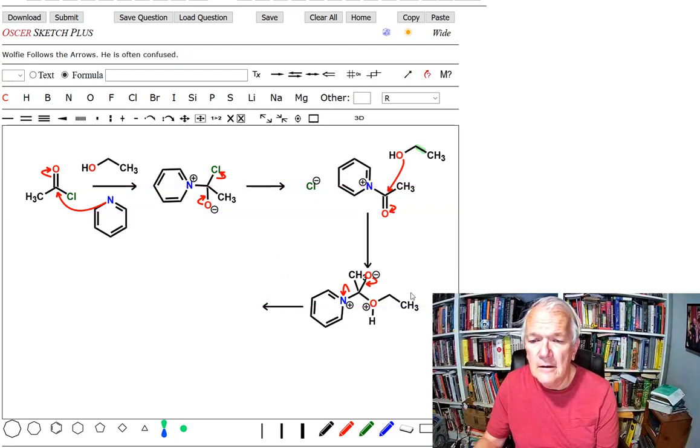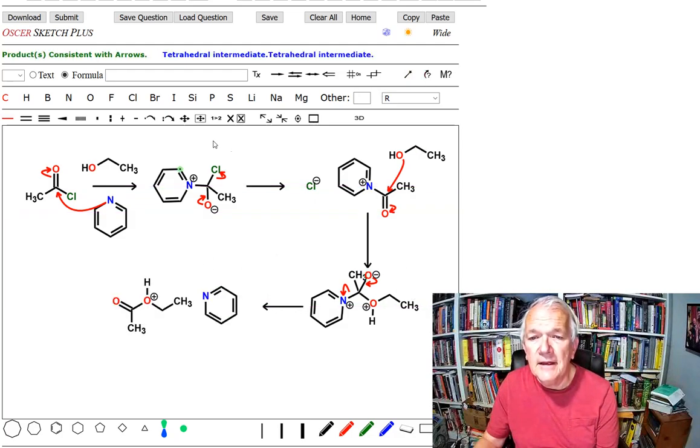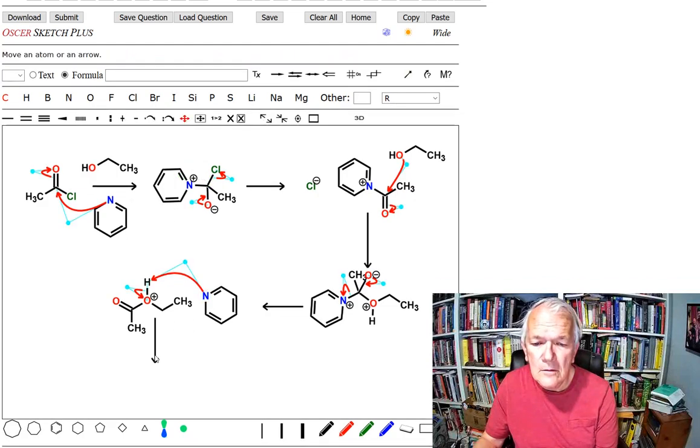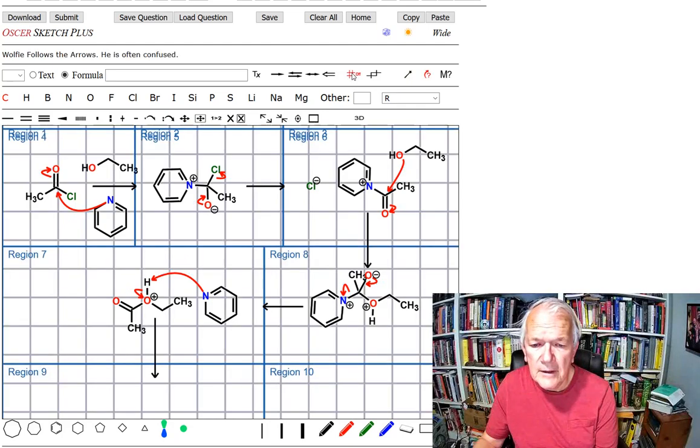And you can see what's coming. Now we'll use the pyridine in its second role. We're going to use it as a base. And this final step will give us our final product.